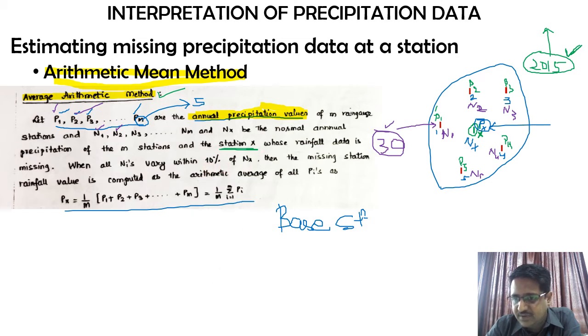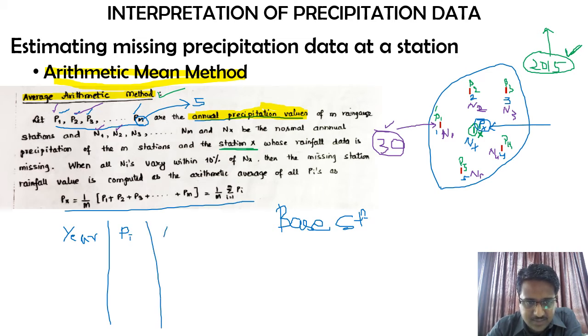If I try to explain with a table over here, let us call this year. Next we have the p value, which I'll call pi, and here I'll call it ni. Let us call this station number.